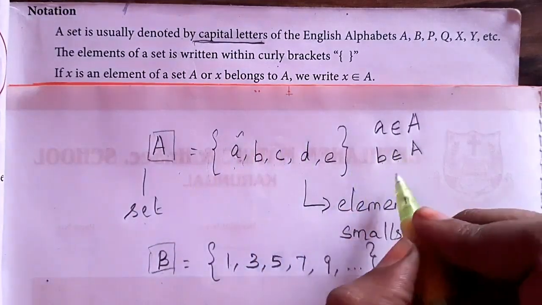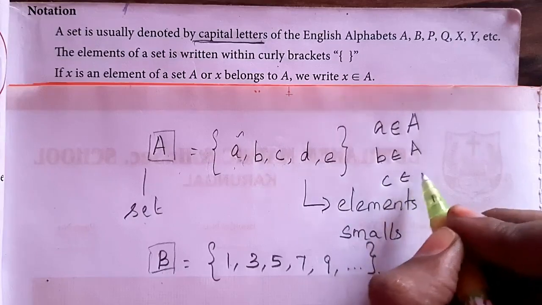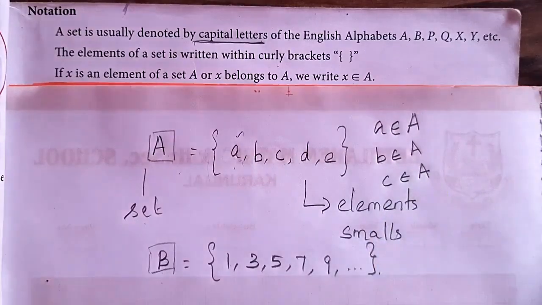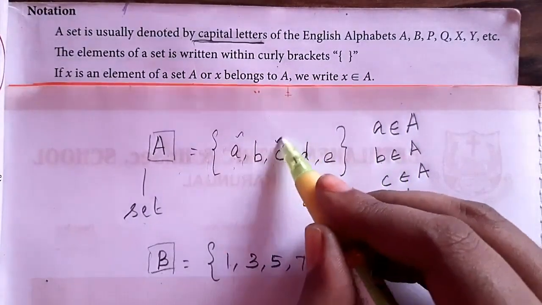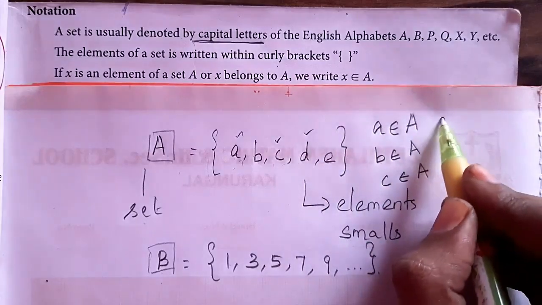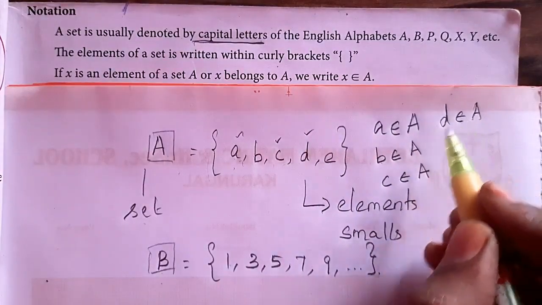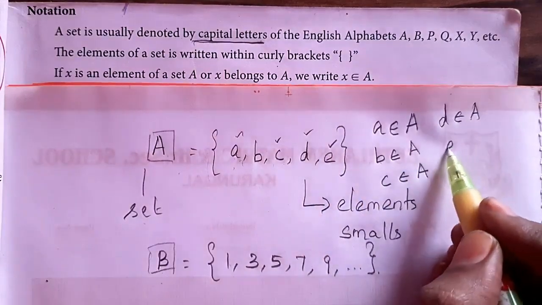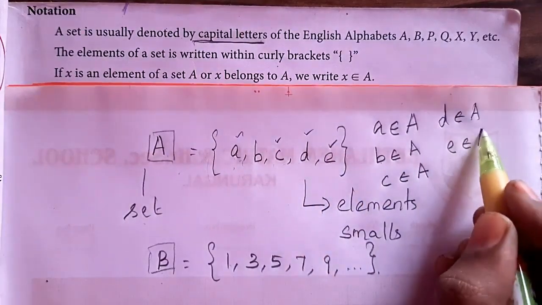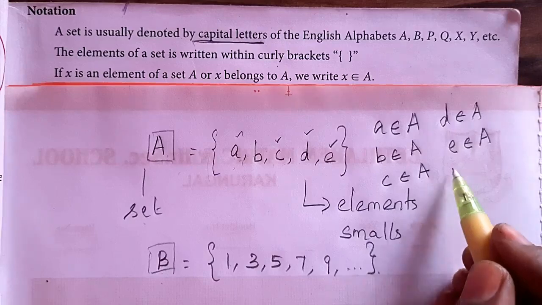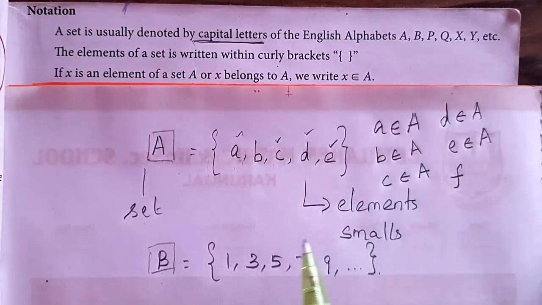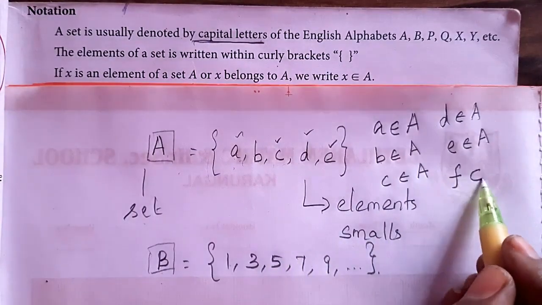So what can I say next? c also belongs to capital A. Am I right? Then d also belongs to capital A. What about e? e also belongs to capital A. f, whether f belongs to capital A?